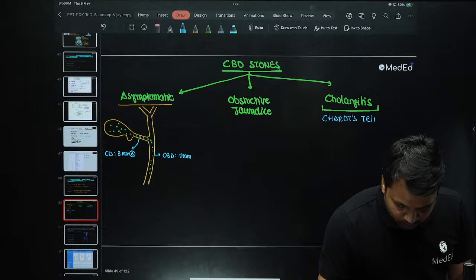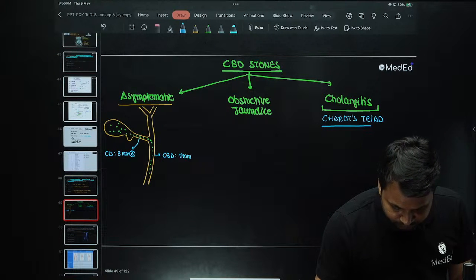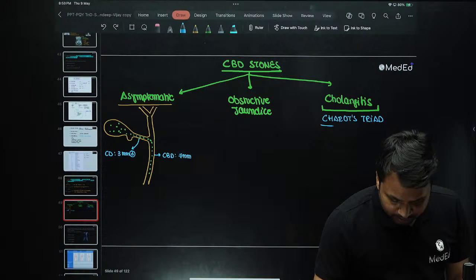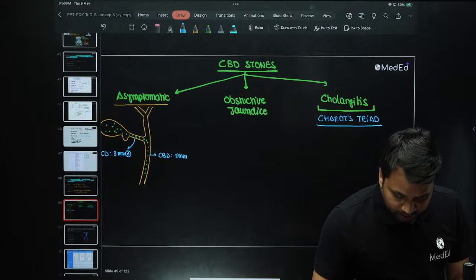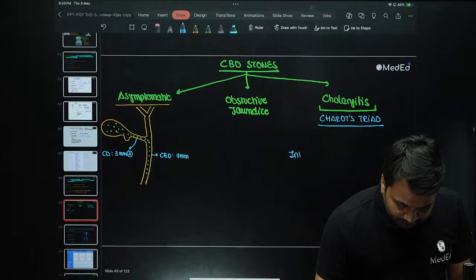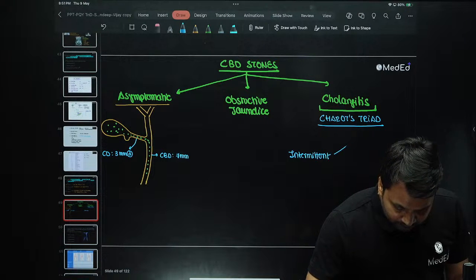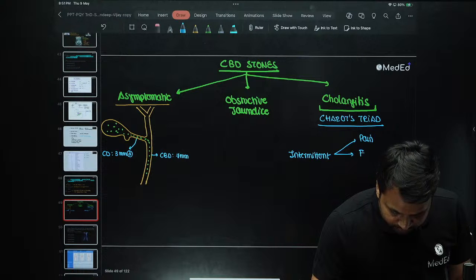Now, this Charcot's triad will have 3 symptoms. It will have an intermittent pain, fever, and jaundice.